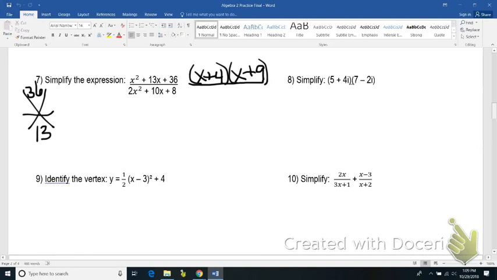All right, now for the bottom, if you don't get rid of that 2, some of you might have done 2 times 8 and put a 16 at the top, and you might have put a 10 at the bottom. The problem is anytime you factor, step 1 is always, is there a GCF? Is there something that we can bring out front? Well, all of those are divisible by 2, correct?